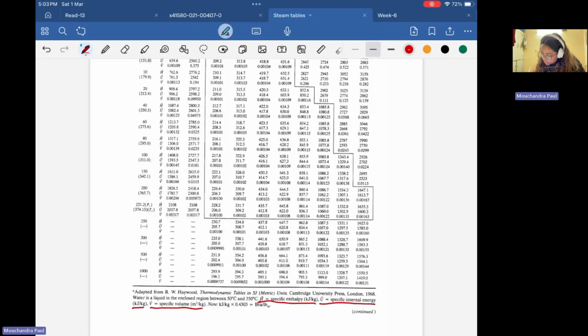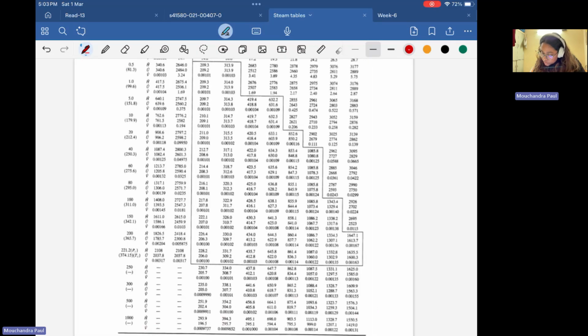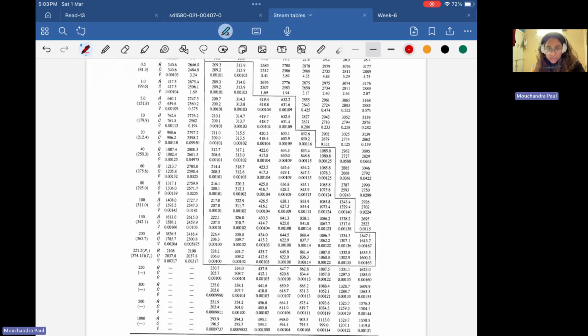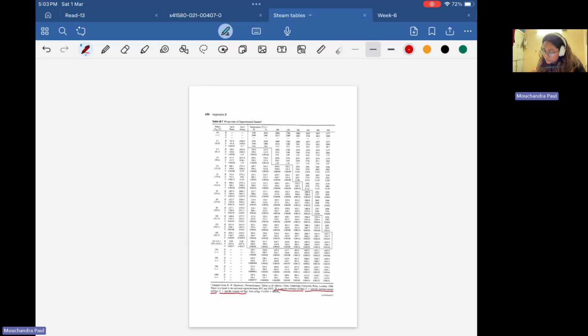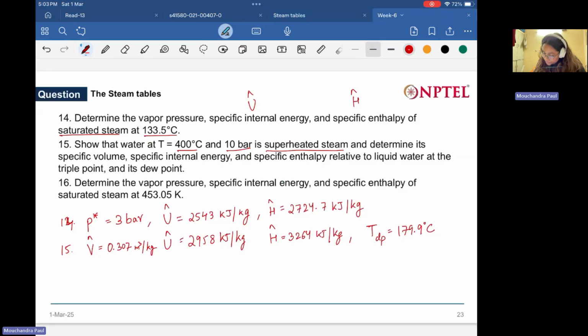So there's one thing mentioned: water is a liquid in the enclosed region between 50 to 350 degrees Celsius. So in this enclosed region, the value does not lie. That means it is a superheated steam. Okay, it is a superheated steam. All right.